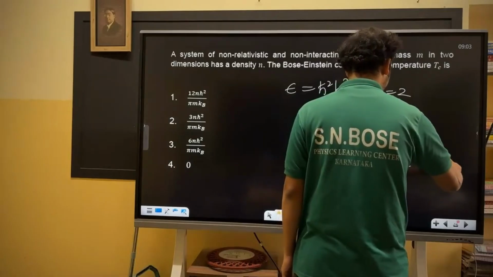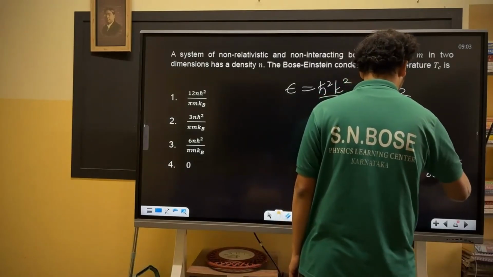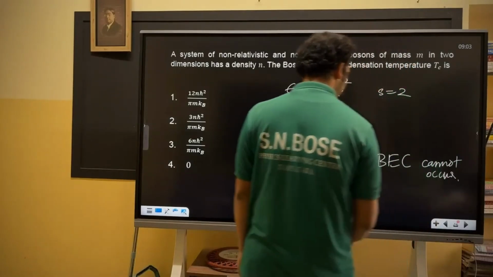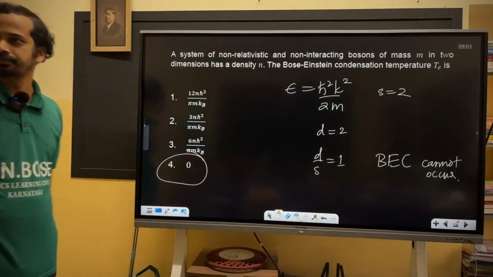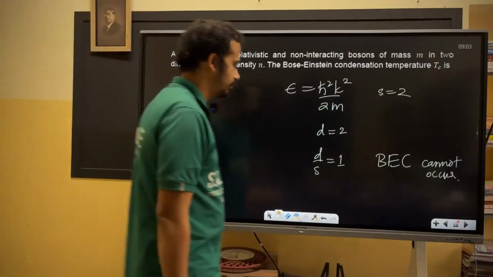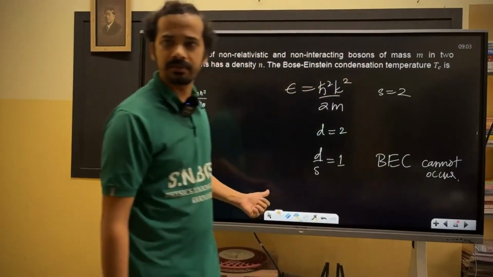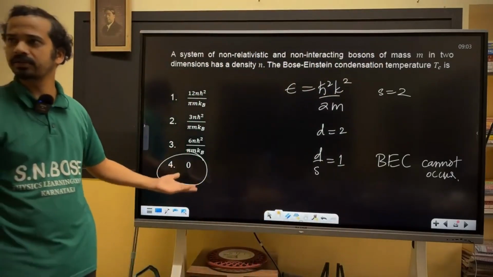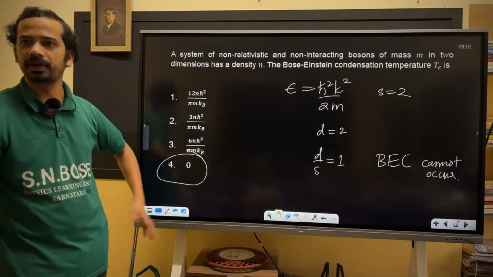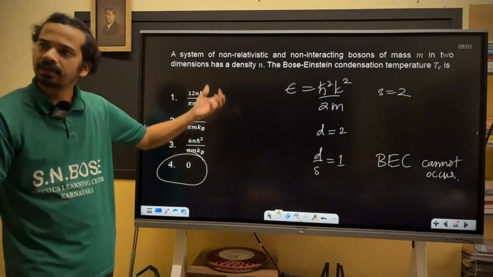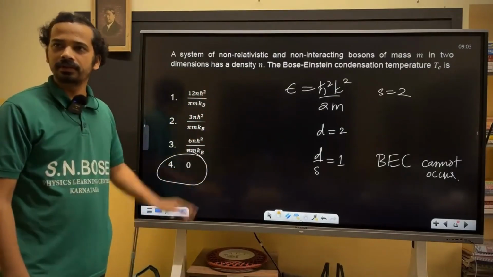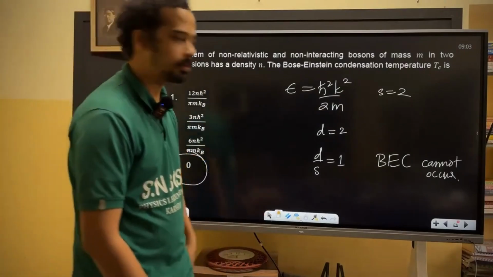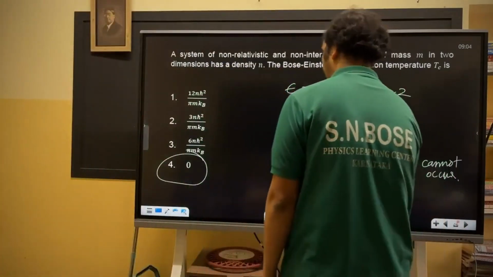BEC cannot occur at finite temperature, but at 0 Kelvin you can say so. But that's not any surprising fact, am I right? At 0 Kelvin, in a bosonic system, any number of particles can be placed in the single particle level. 0 Kelvin means you are trying to decrease the system energy as low as possible, so that will happen. That's not any surprising fact. Grab this idea.